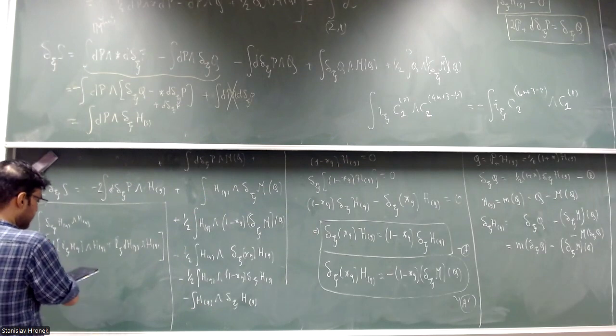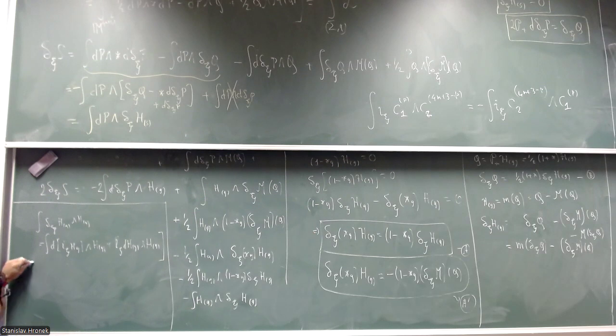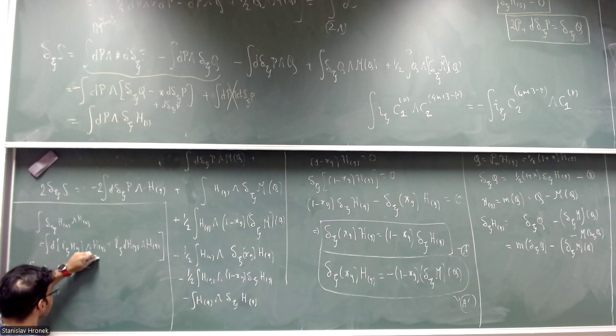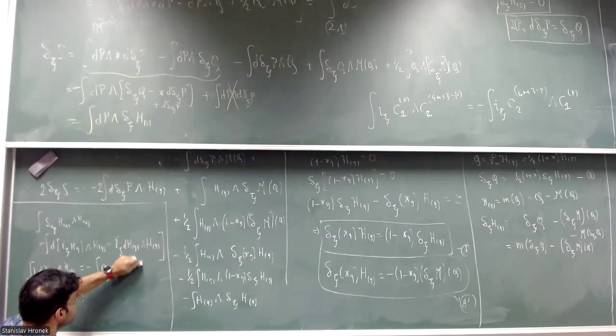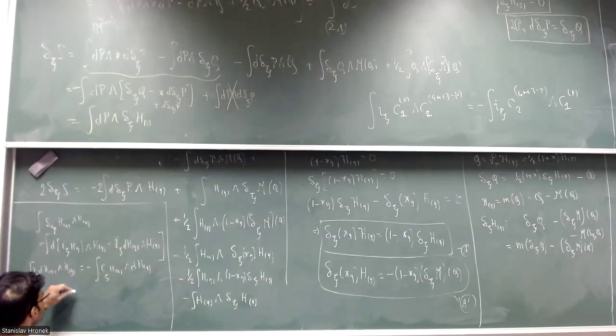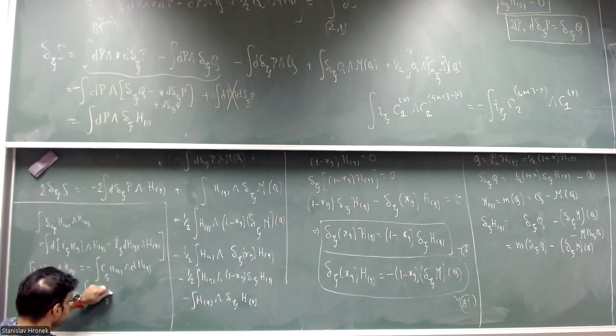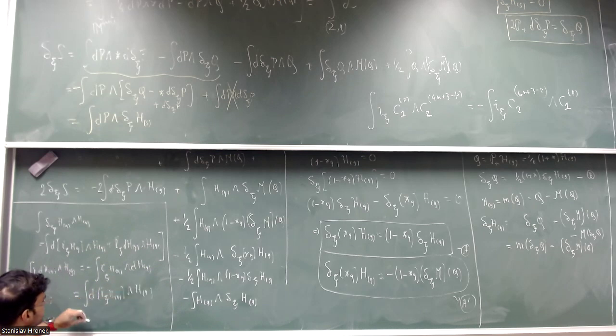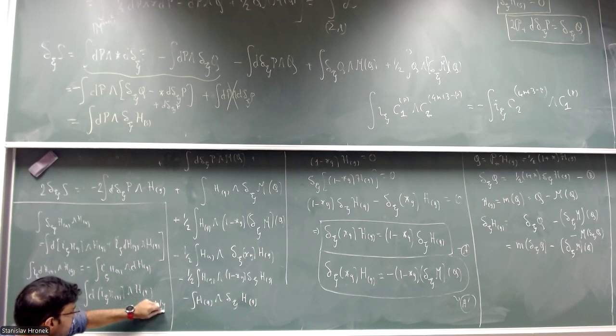Essentially what we get is that if you have i_psi dHG HT, then write it as i_psi HG with dHG using that formula. But this I can write as d of i_psi HG with HG plus a boundary term, a total derivative, which we are going to drop.